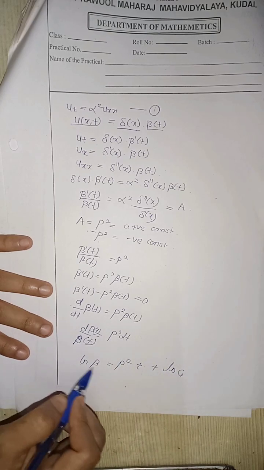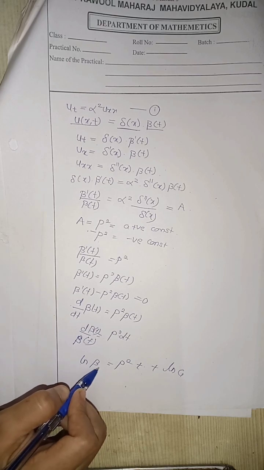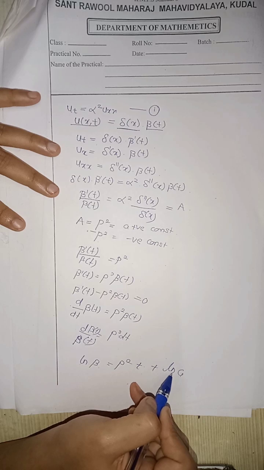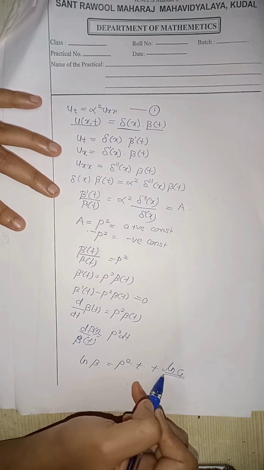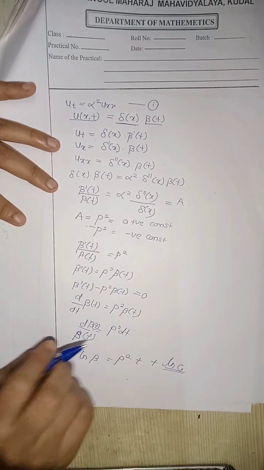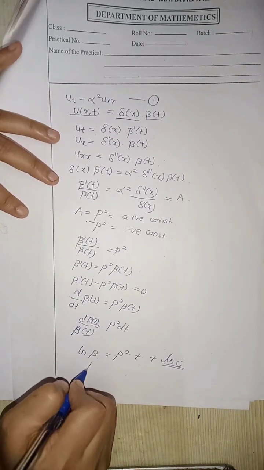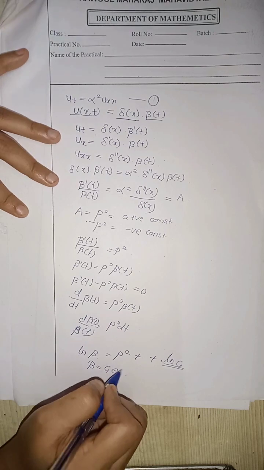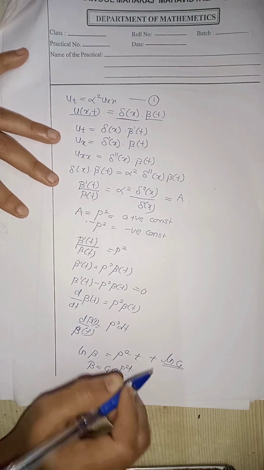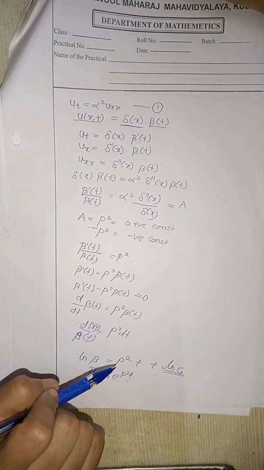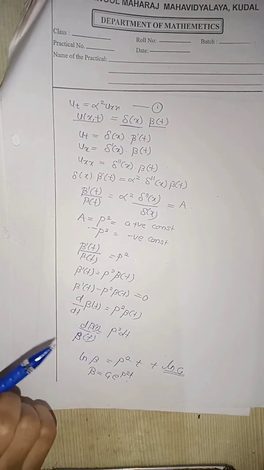As the LHS is in the form of natural log, we have to keep the RHS in the form of natural log. So we have written ln of c1, which is the constant of integration. From this you'll get beta equal to c1 e raised to p square t. I have just removed ln, so taking exponential form, it will be in this form.